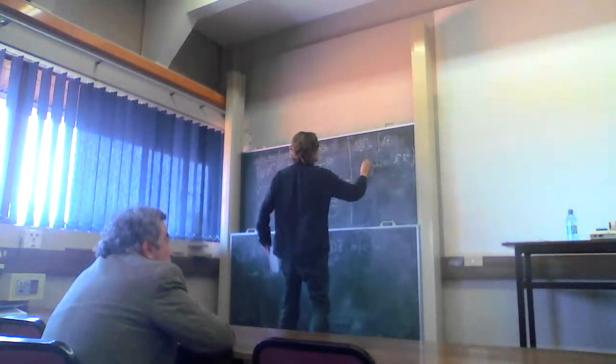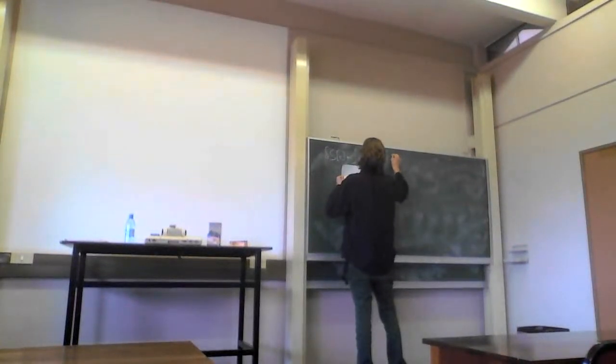So delta S, x, is equal to, it's given by the following. So we have first delta acting on the kinetic term, but we should also consider the variation of the metric, because the metric depends on x.